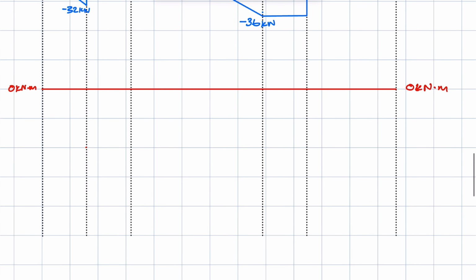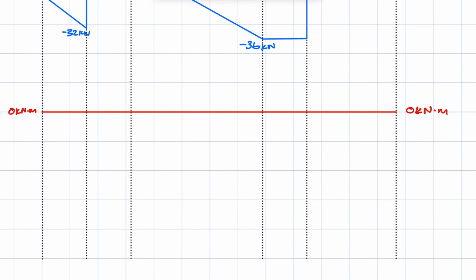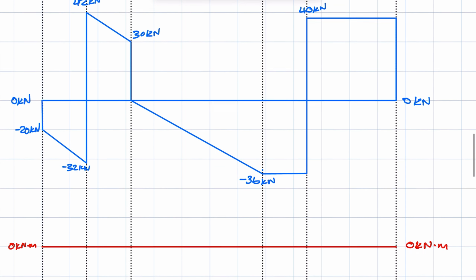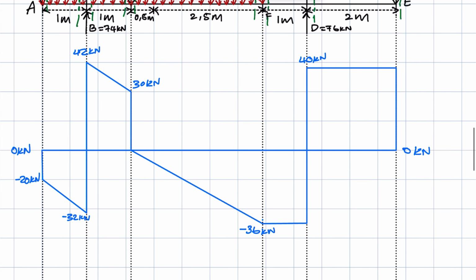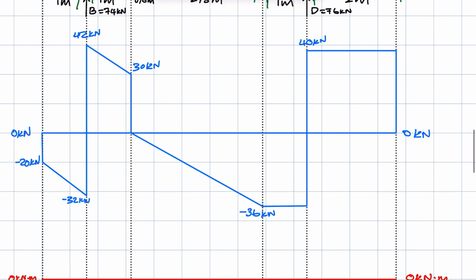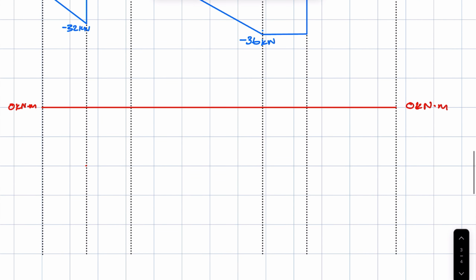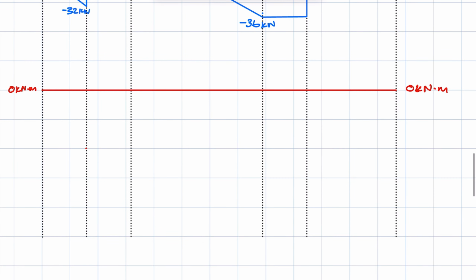Now, in the portion of the beam we are looking at, remember you have a UDL. So between A and B, in fact, all the way up to point F, you have a UDL. So the way we can indicate that at this portion of the beam we have a UDL on the bending moment diagram, we draw a portion of a parabola.